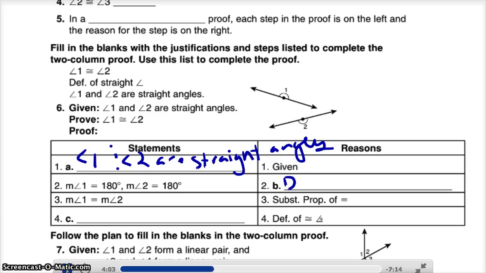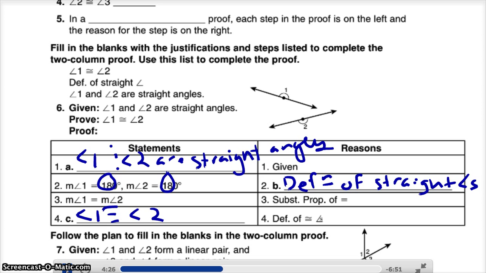So that's definition of straight angle. The measure of angle 1 equals the measure of angle 2. Since they both equal 180, that means you can substitute it in. So angle 1 equals angle 2, so substitution property of equality. And then I was trying to prove that angle 1 was congruent to angle 2, and since we knew that the measures were equal, that means we know that the angles are congruent. So that's definition of congruent angles.